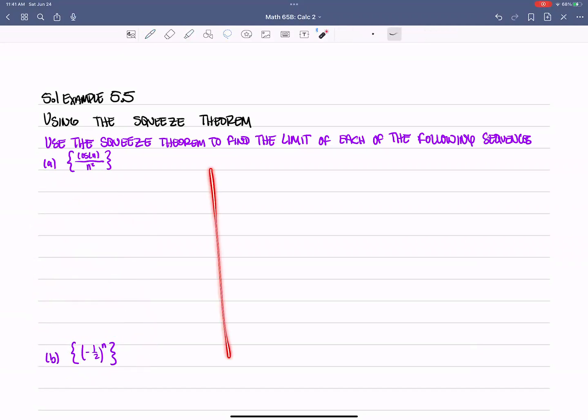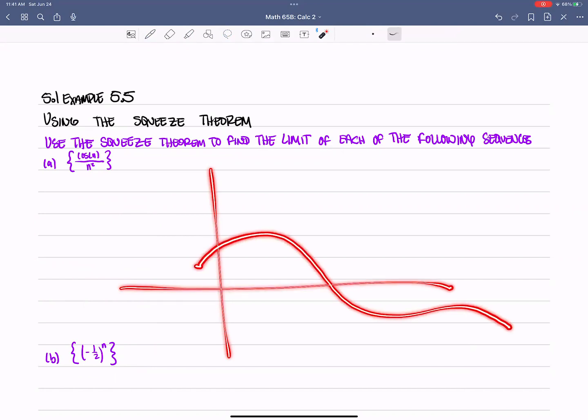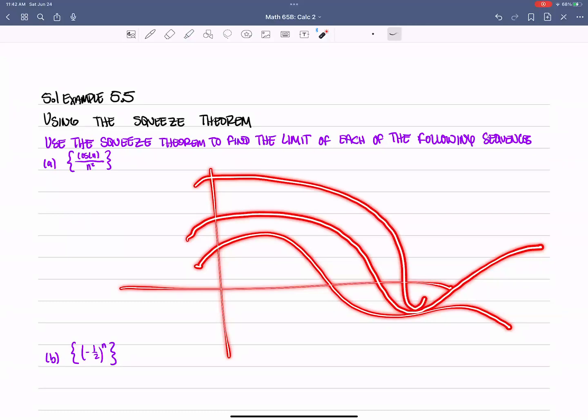two functions. So if function A does something like this, function B does something like this, and function C does something like this, and they all kind of meet in this area, we could say that if this function converges to this value here, and this function here converges to this value here, then function B should also converge to this value right here.